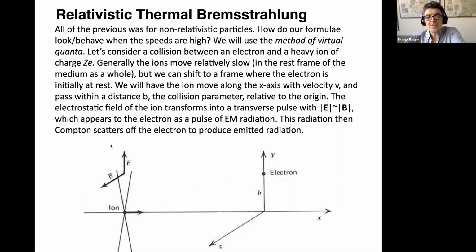And so the radiation is going to Compton scatter off of this electron to produce emitted radiation. We're going to look at this thing as if it were a photon, and we're going to apply Compton scattering to it in order to see what happens to the radiation.